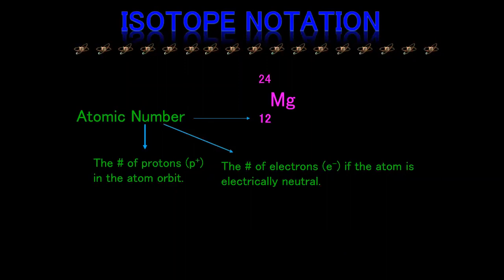Helium's atomic number is 2. You can look at your periodic table. Any atom that has an atomic number of 1 is a hydrogen. No matter how many electrons or neutrons the atom has, an atomic number of 1 will always be a hydrogen atom.